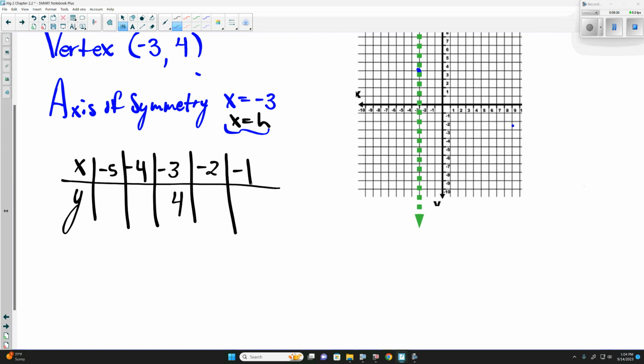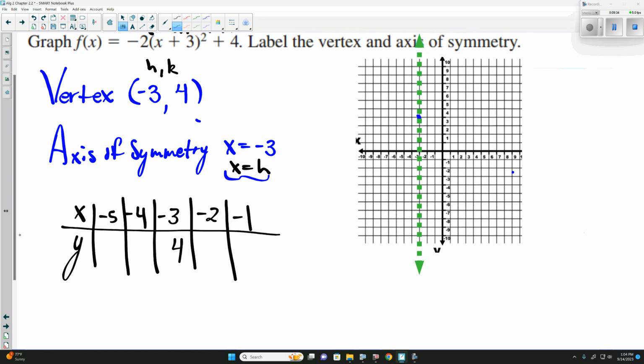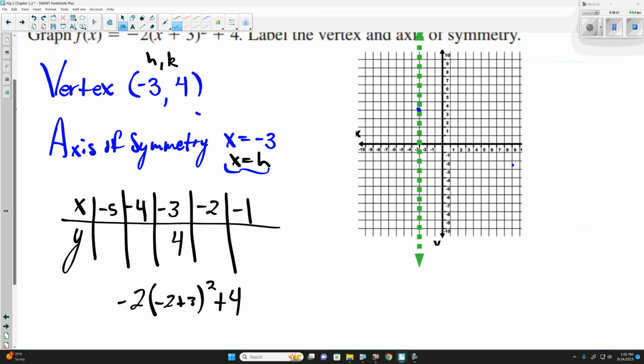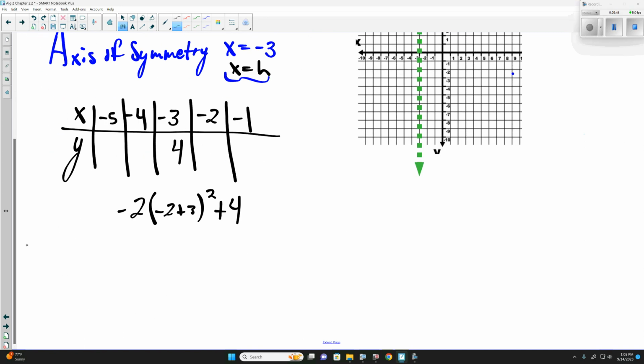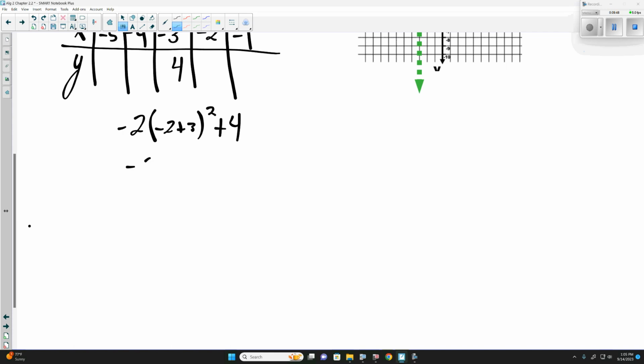Now I'm going to start off with negative 2, and what I'm going to do is just plug it into the function. So negative 2 parentheses negative 2 plus 3 close parentheses squared plus 4. Now when I work this out to get the y value that corresponds to it, negative 2 plus 3 is 1. 1 squared, 1 times 1 is 1.